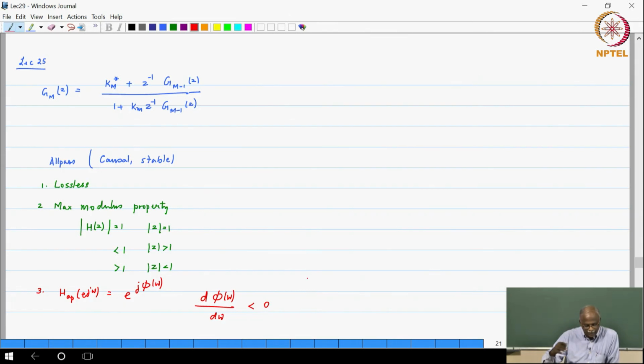That means it is a strictly decreasing, monotone decreasing function, if all poles are strictly inside the unit circle, inside mod z equal to 1. And I believe that was the span of what we have covered between quiz 1 and quiz 2.